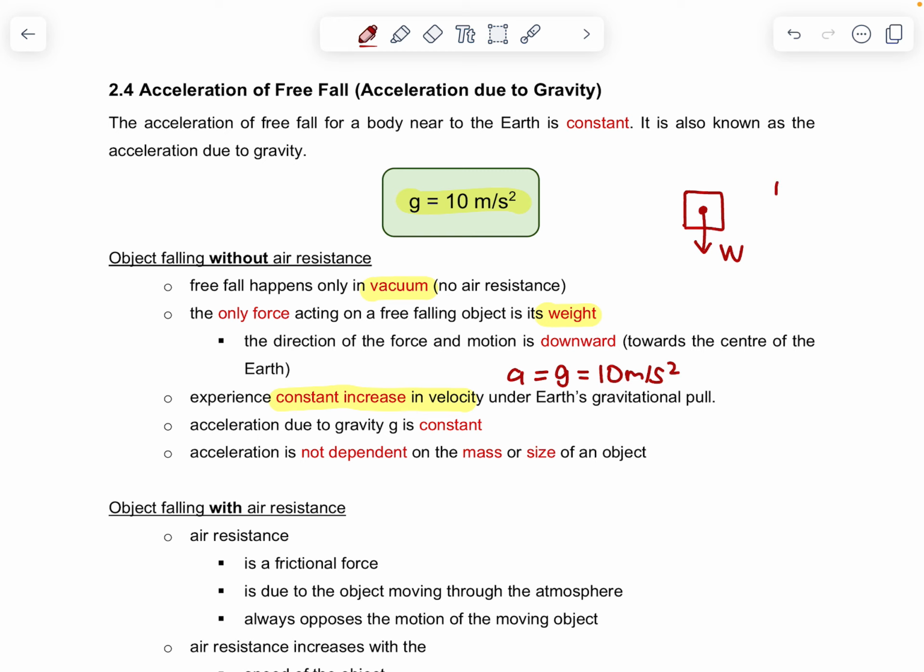So a big object or a smaller object, the acceleration is the same. But the force it experiences is different because the force is given as W equals mg.